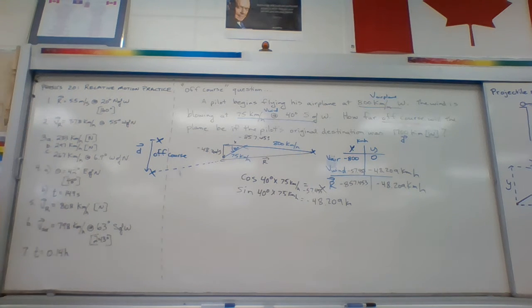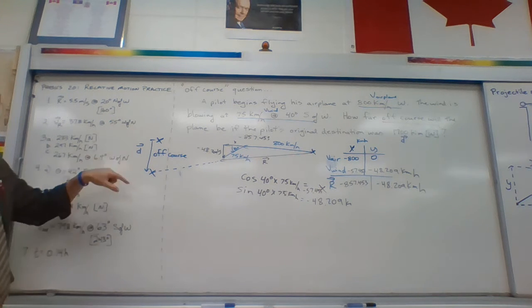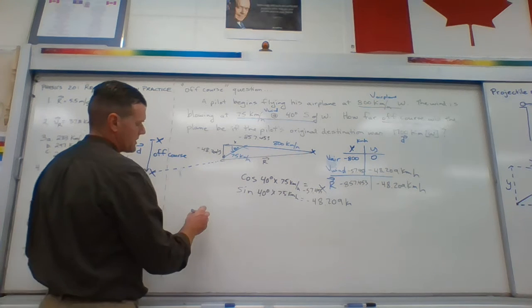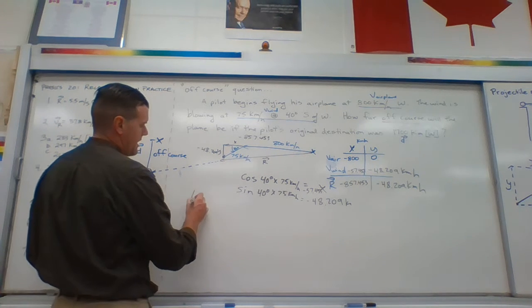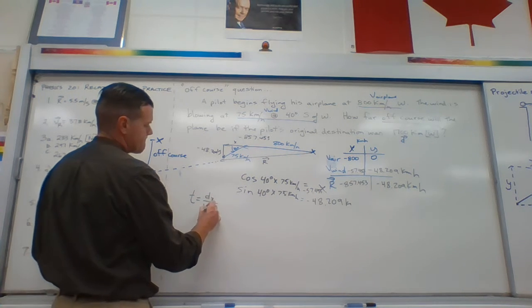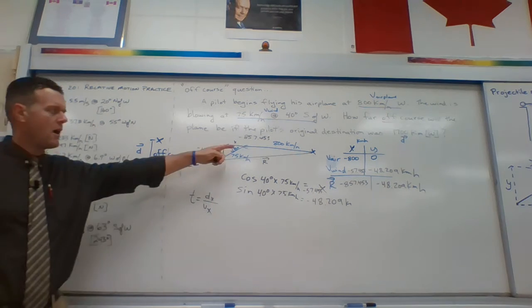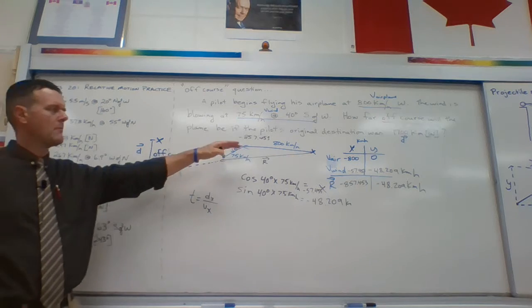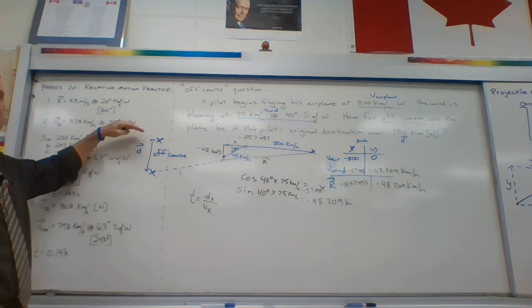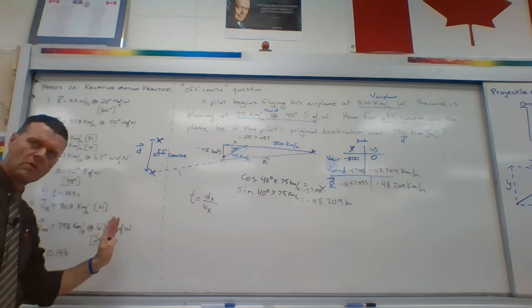So let me show you two ways to solve for this displacement off course. Okay. The one is this. You can determine the time. If you know how much time he's in the air going in the x direction, that will be the same amount of time that he's also going in the y direction.